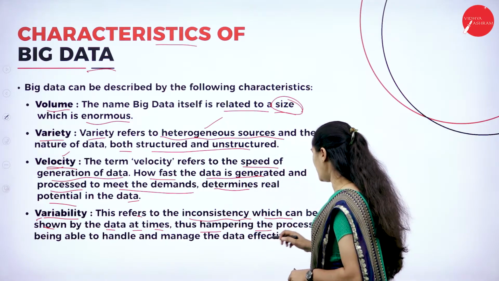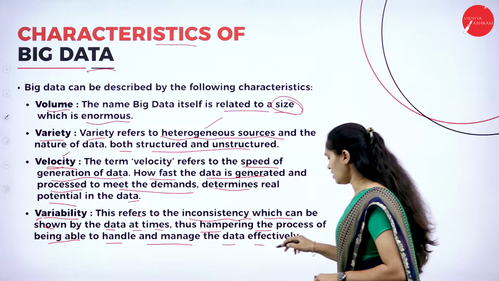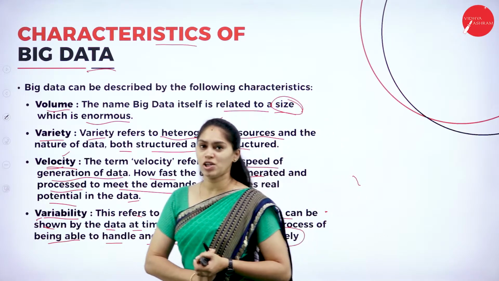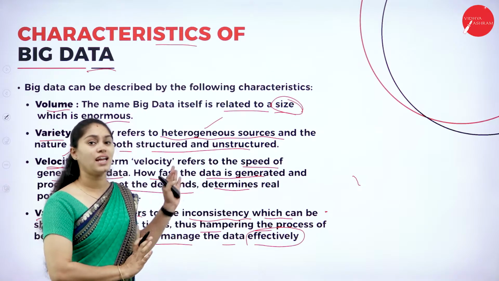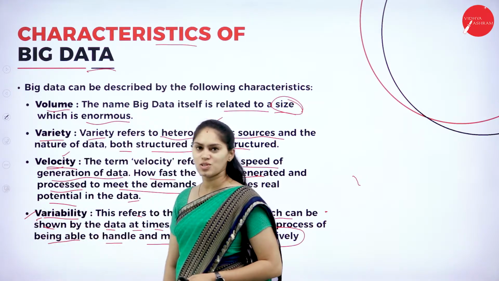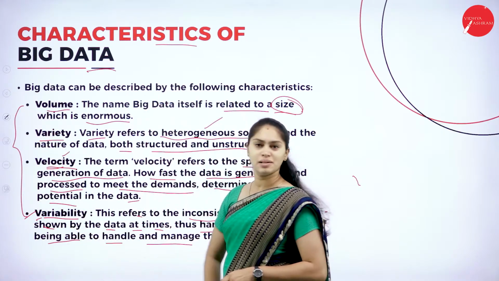Thus hampering the process of being able to handle and manage the data effectively. If I know how to manage the data effectively, even though data is inadequate and inconsistent, that is related to variability. So these are the 4 V's or characteristics of big data.